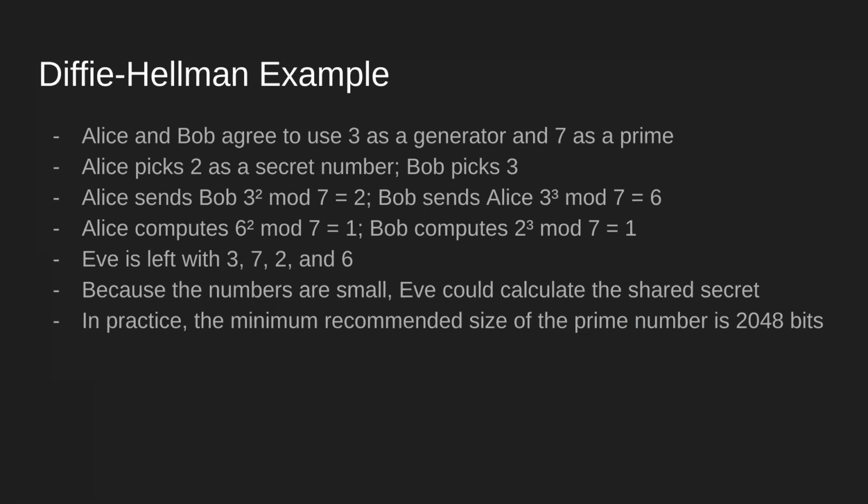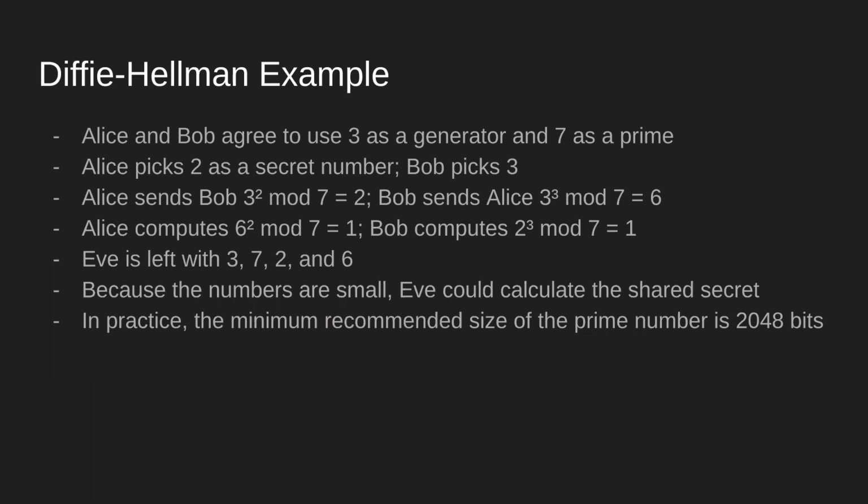So that means they'll be taking 3 to the power of some number between 0 and 7, modulo 7. Let's say Alice picks 2 and Bob picks 3. So Alice sends Bob 3 squared mod 7, which is equal to 2. And Bob sends Alice 3 cubed mod 7, which is equal to 6.